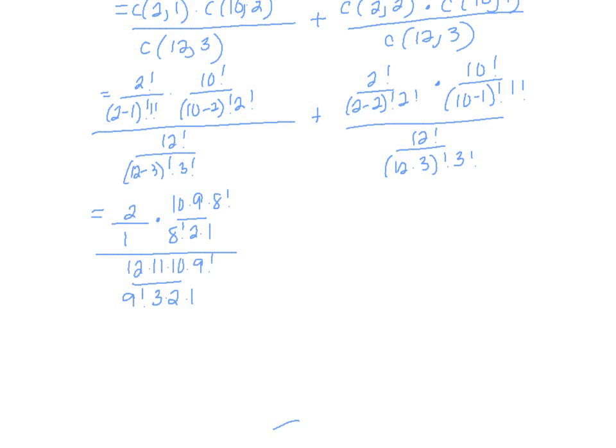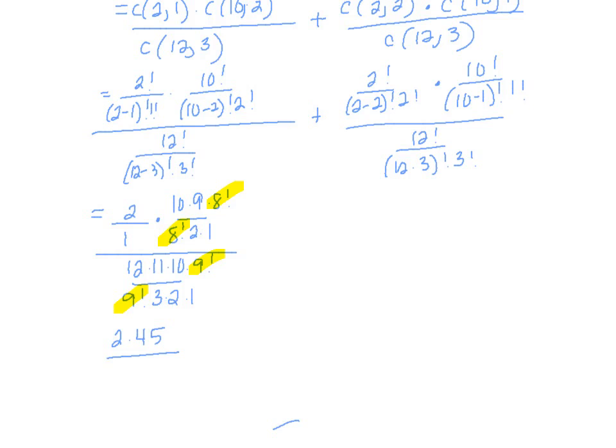I'm going to just continue simplifying here so we can focus on one at a time. So things that we can simplify down a little bit here. We'll have 10 times 9 is 90, divided by 2 is 45. So 2 times 45 over.